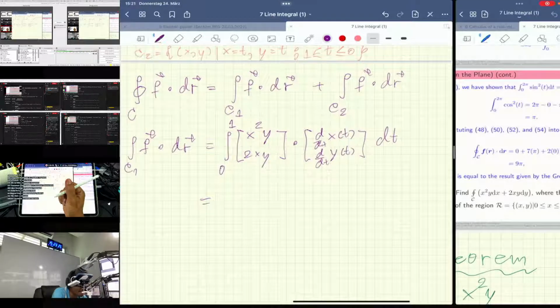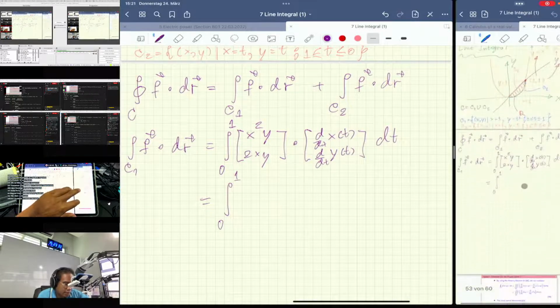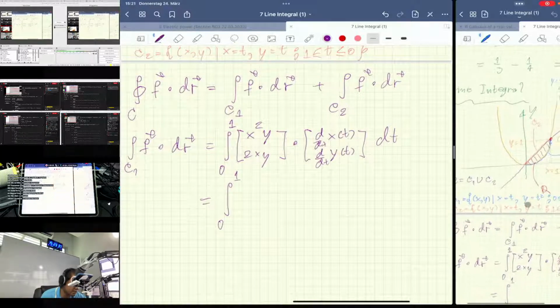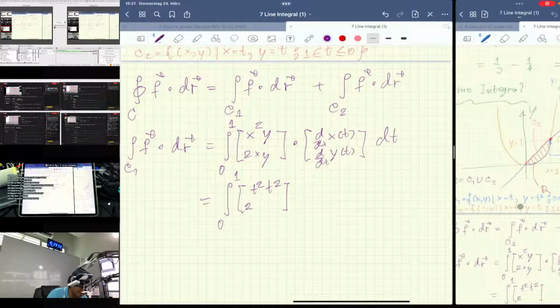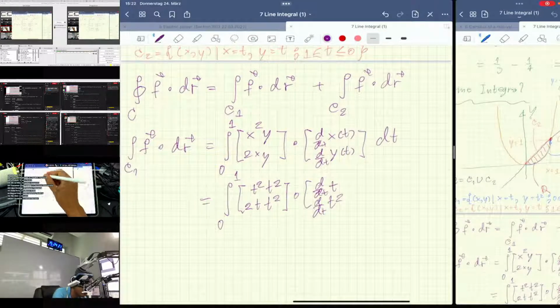For the first contour, x is equal to t, and y is equal to t squared. So x squared y is t squared times t squared, and 2xy is 2 times t times t squared. The differentiation of x(t) is 1, d by dt of t, and d by dt of y(t), which is t squared, is 2t, and dt.